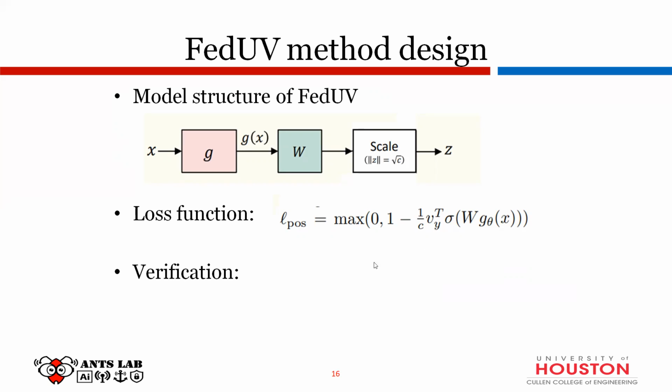For the verification, it becomes very simple, because we only need to know if this loss function is high enough or small enough. If this term is over a threshold of tau, the device acknowledges you as the user and accepts it, otherwise they would reject it.